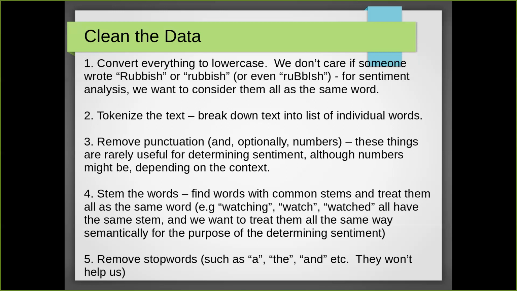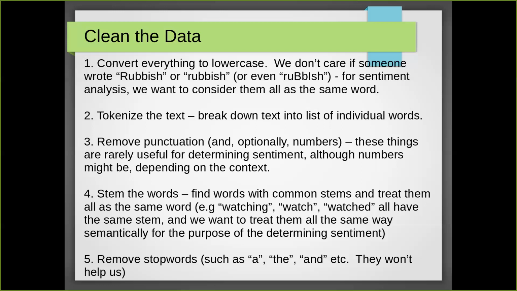So we tend to remove punctuation, and often we also remove numbers, because numbers don't often give us much clue about the sentiment of a piece of text, although they might. We can leave those in, and if we're not sure, we could try it both ways and see if it helps if we leave numbers in. It depends on the context and what you're looking at.